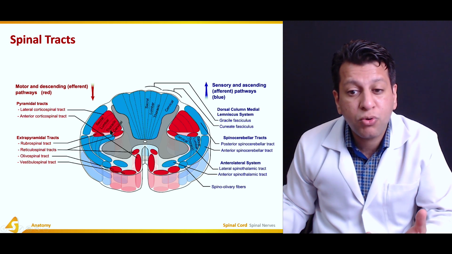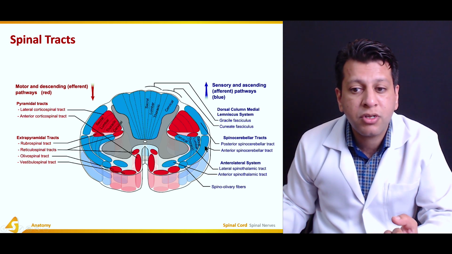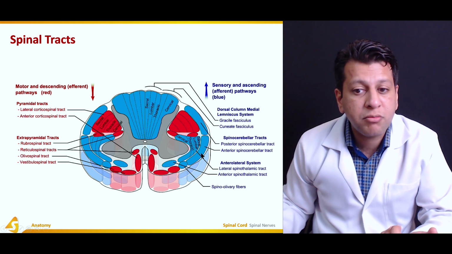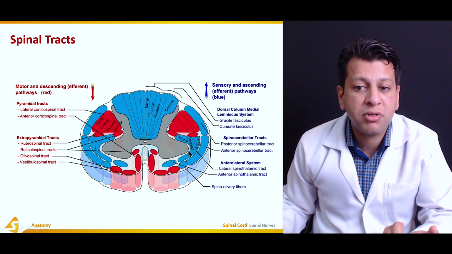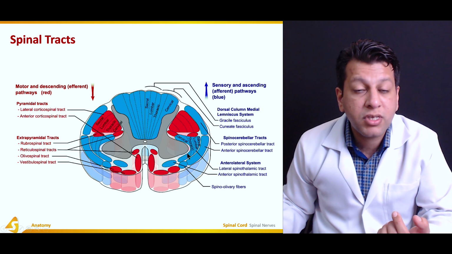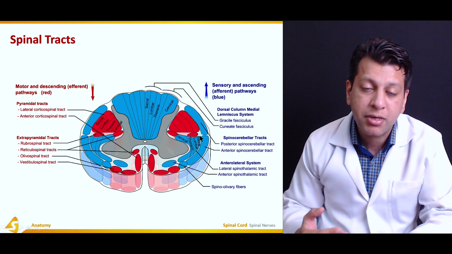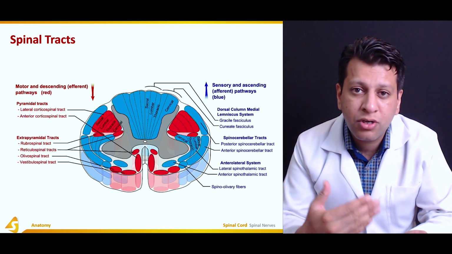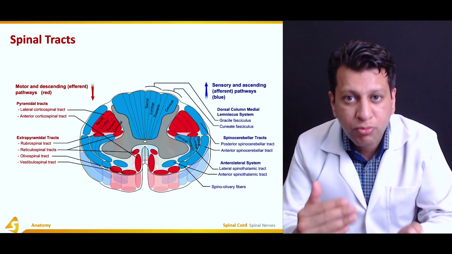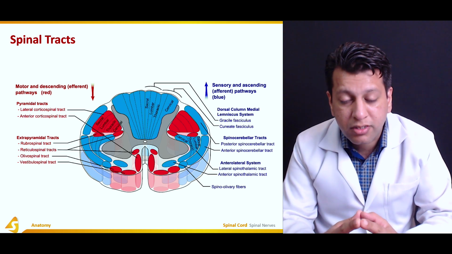Some other sensory tracts, for example the anterolateral system, are formed by the lateral spinothalamic and anterior spinothalamic tracts. These carry pain and temperature sensation, and are all present anteriorly, but they carry the sensation from the spinal cord towards the brain, towards the central nervous system.